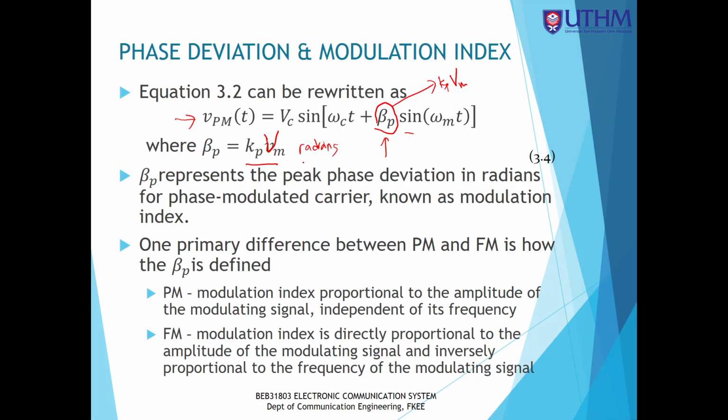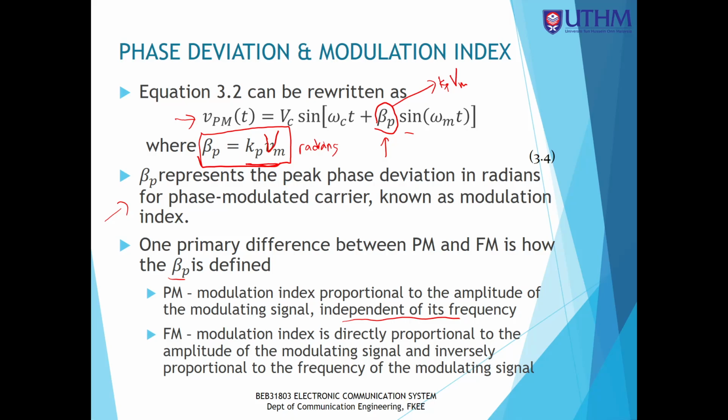Okay, it has a unit. So beta P represents the peak phase deviation in radians for a phase modulated carrier, known as the modulation index. One primary difference between PM and FM is how beta P is defined. For PM, the modulation index is proportional to the amplitude of the modulating signal and independent of its frequency. You see from here, beta P is proportional to Vm.